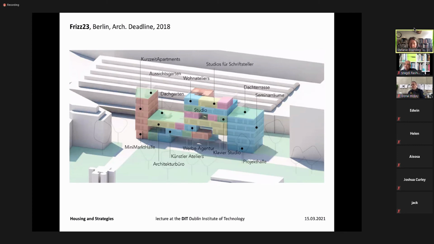And I hope I could show you a little bit of a strategic movement. Sorry, my English is so bad. So you can continue planning your apartment complexes you're doing in your design studio.